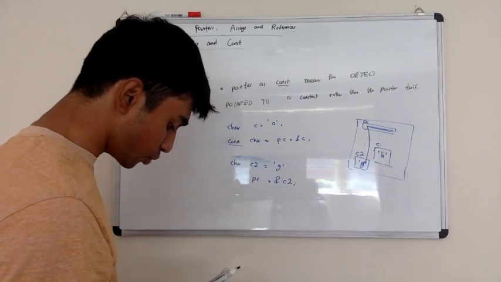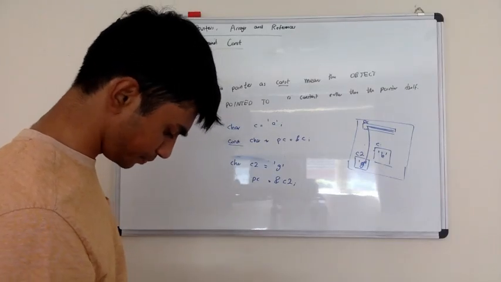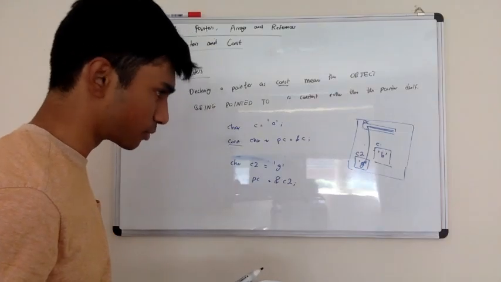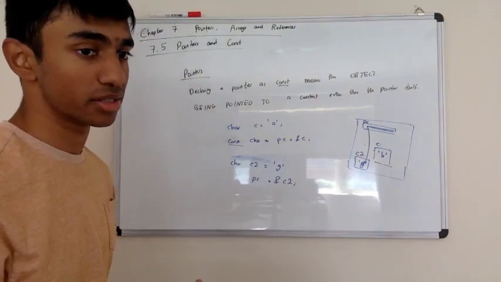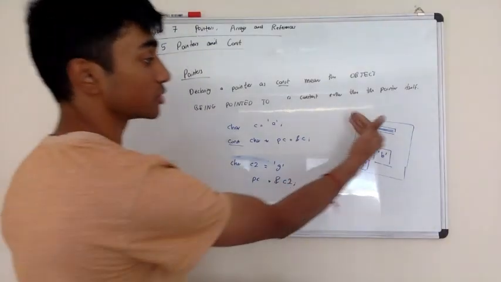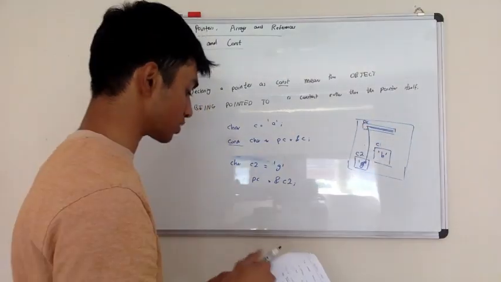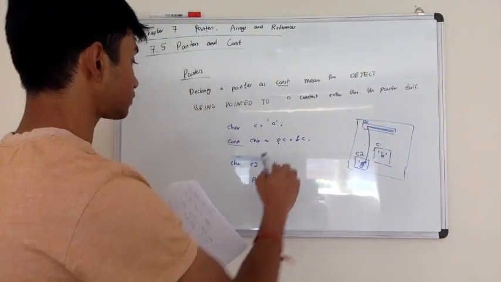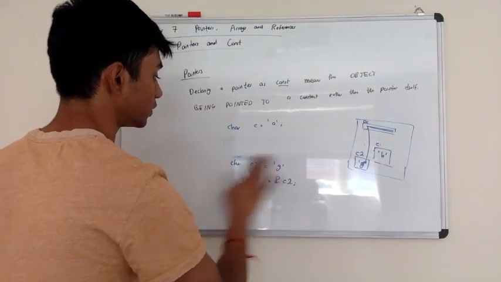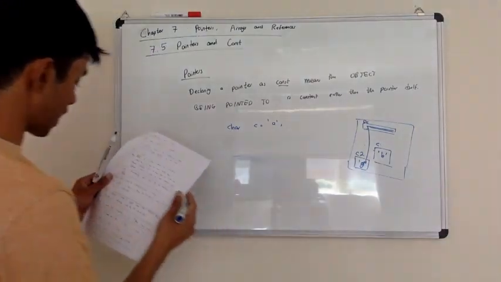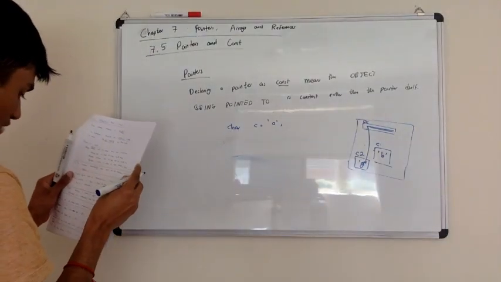Now, what if you wanted to make the pointer's address immutable? That is, you didn't want to be able to change which thing pc was pointing to. Then, in that case, we would put the const after the star.